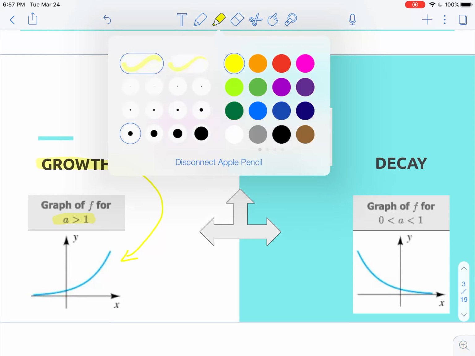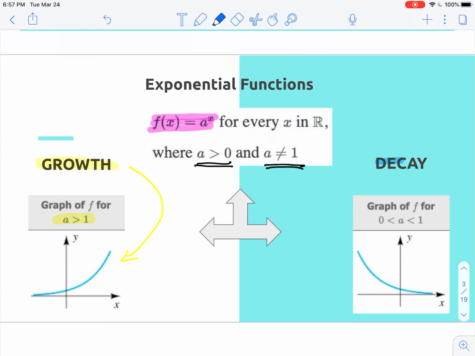On the flip side, you can have a decay function. You'll know that it's a decay function when the a value is between 0 and 1. And when that happens, the graph is going to look like this one. We'll come back to the graphs in a little bit, but I just wanted to give us a little bit of a visual for what we are talking about.